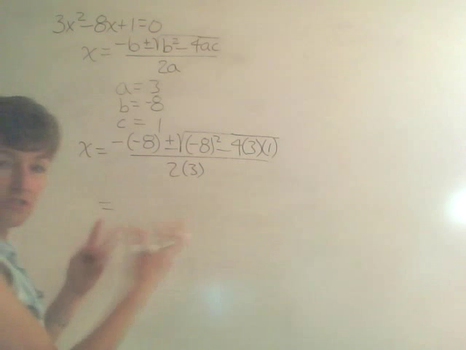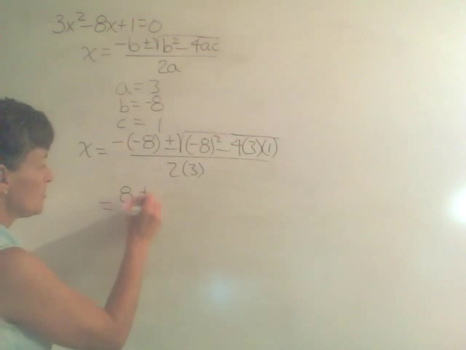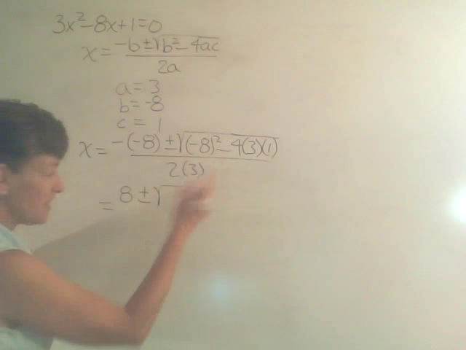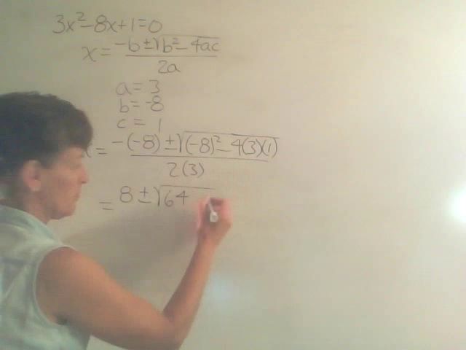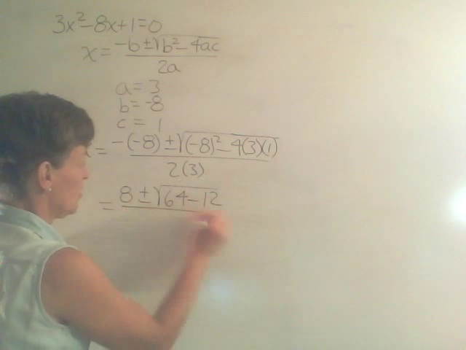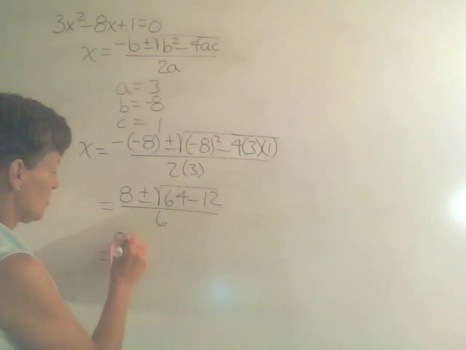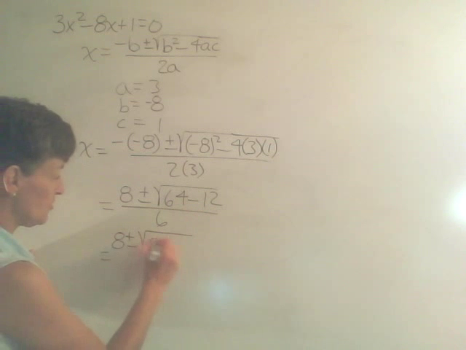All right, well, when I do the math, then negative 8 is just positive 8, plus or minus the square root of negative 8 squared, the negative sign goes away, I get 64, minus 12, all over 6. Now this is 8 plus or minus the square root of 64 minus 12, which is 52, over 6.